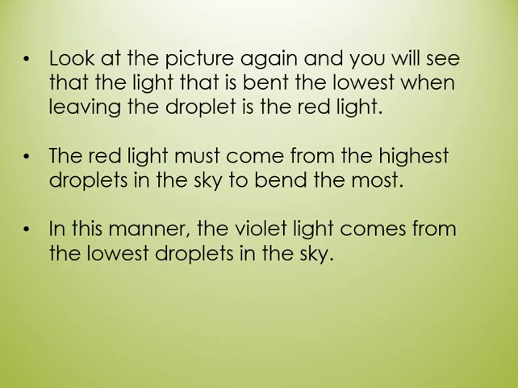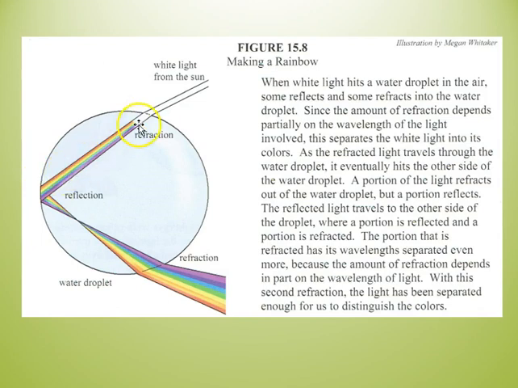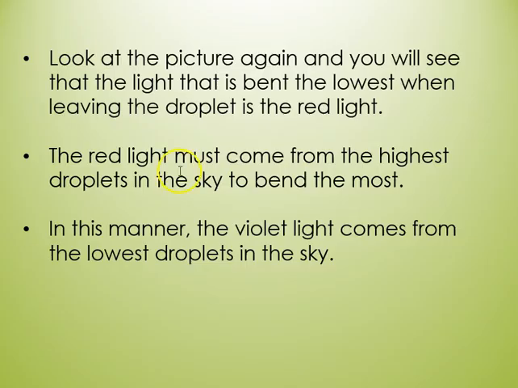Now we'll look at the picture again, and you will see that the light that is bent the lowest when leaving the droplet is the red light. So when it first entered the droplet, the red light was on top, but when it leaves, the red light is on the bottom. The red light must come from the highest droplets in the sky to bend the most.